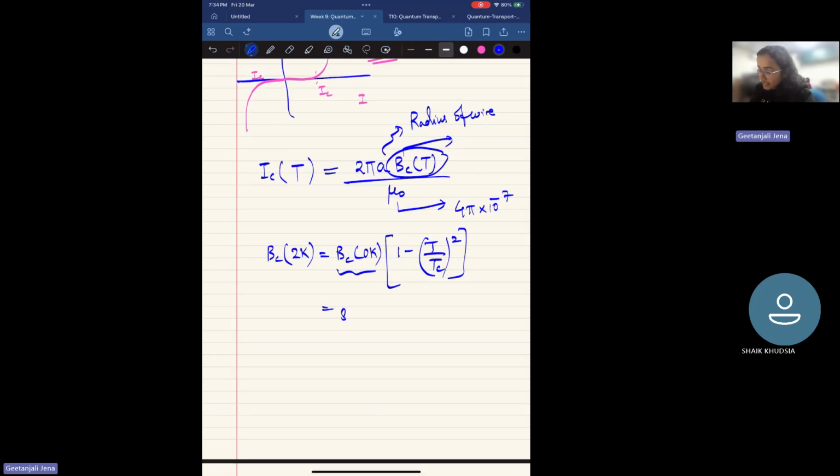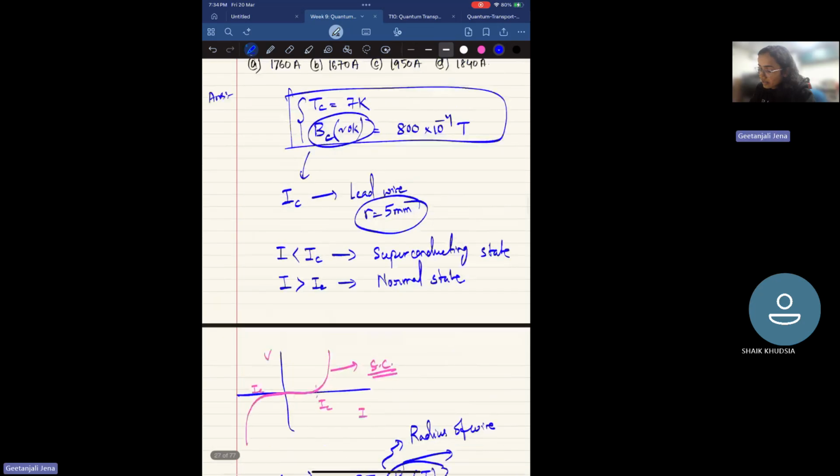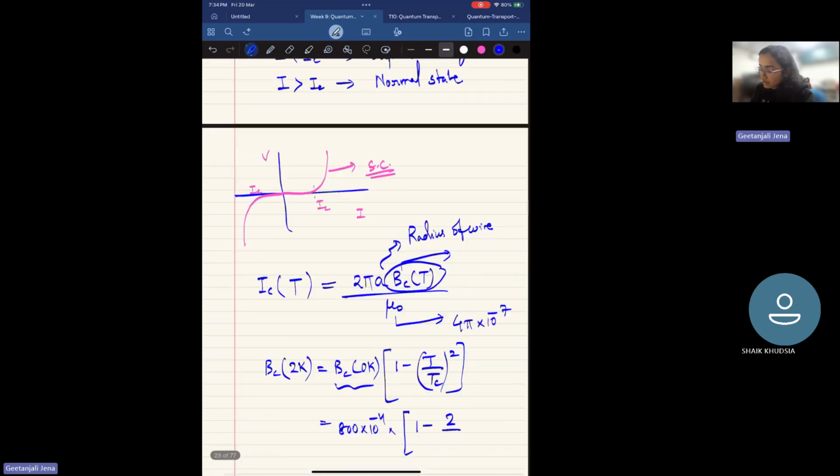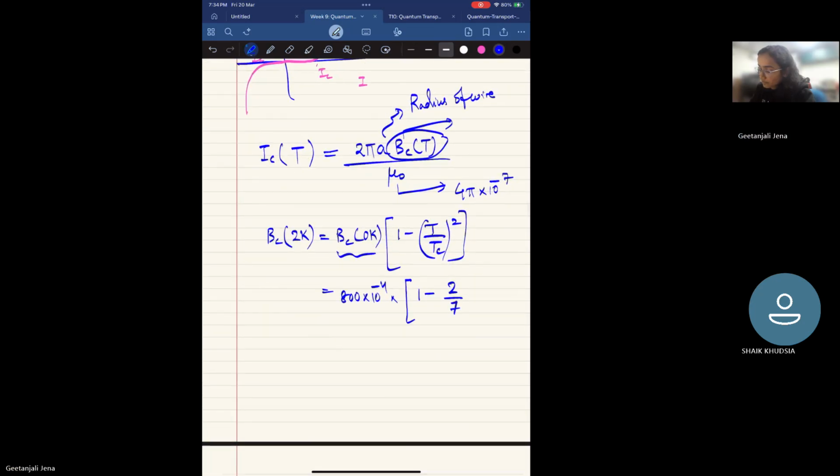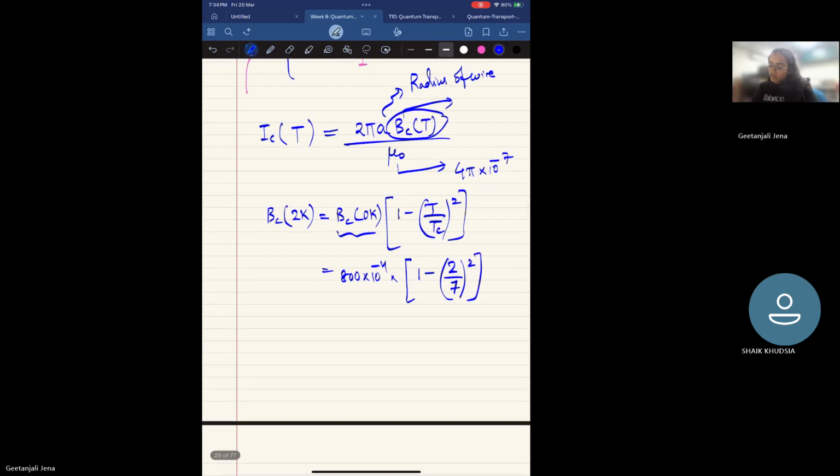This is 800 into 10 to the power minus 4 into 1 minus, T is 2 Kelvin and critical temperature is 7 Kelvin. If you solve it, you will get 800 into 10 to the minus 4 times 45 by 49.